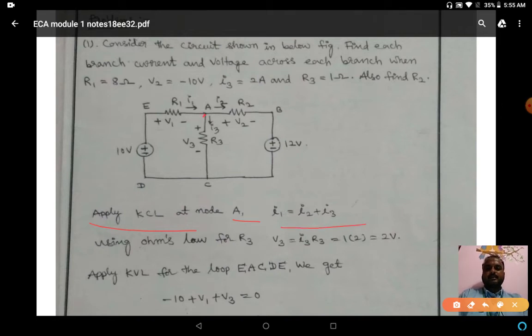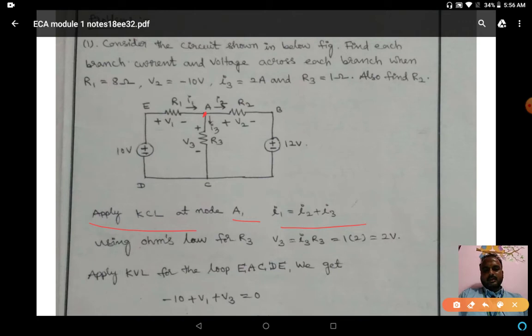Applying KCL, I1 is equal to I2 plus I3. I2 and I3 are outgoing currents from the network. Next, using Ohm's law, V3 is equal to I3 into R3, which is 1 into 2, that is equal to 2 volts.